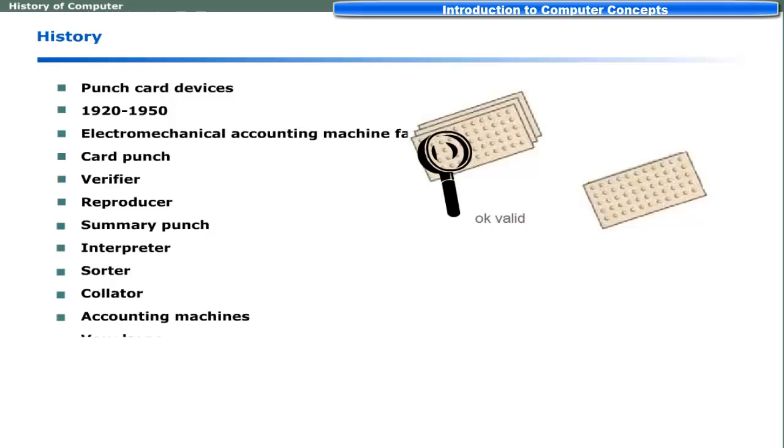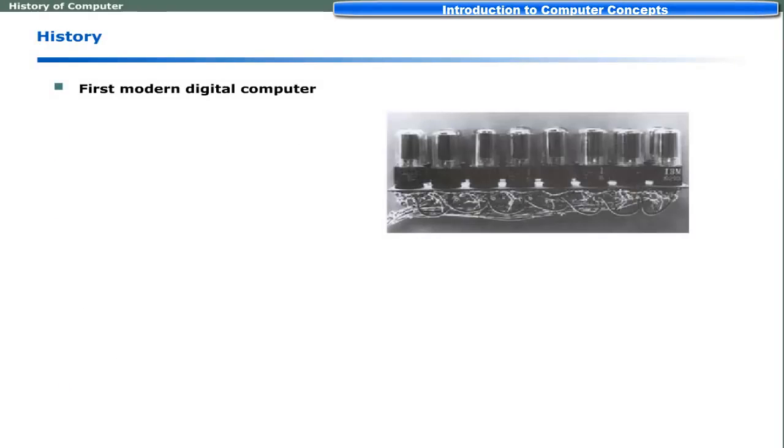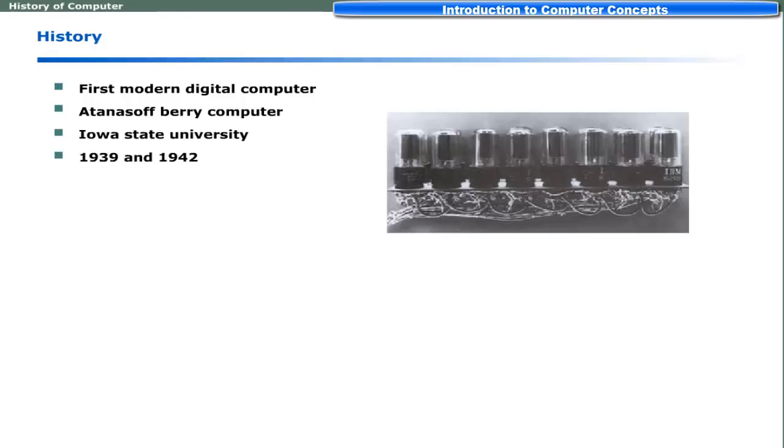These machines were very large, heavy, and required physical labor to operate. The first modern digital computer, the Atanasoff-Berry computer, was built at Iowa State University campus between 1939 and 1942.